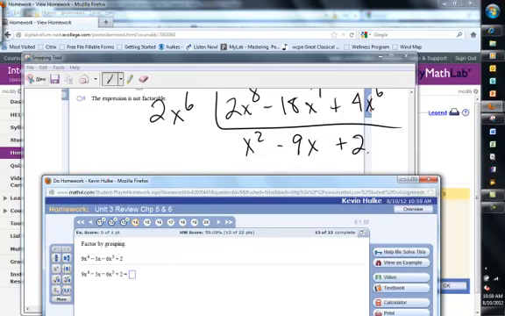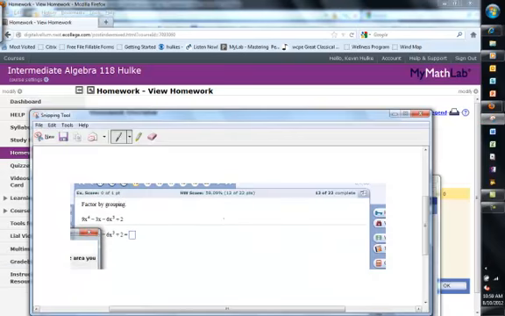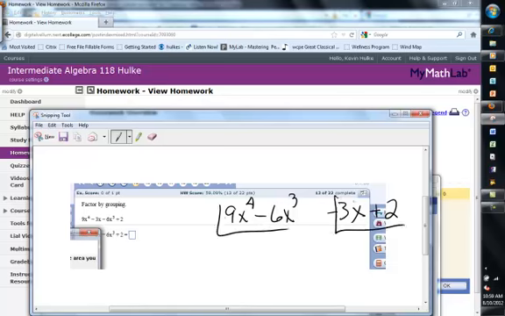Factor by grouping. 9x to the 4th, I'm going to rearrange, minus 6x cubed minus 3x plus 2. When I group them now, this negative is going to make that negative. So I can take a 3x cubed out of the first ones, and I'm left with 3x minus 2.